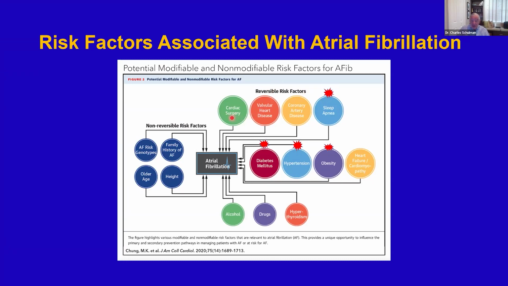AFib is fairly common after cardiac surgery, or it's common enough with valvular heart disease or coronary disease. The starred risk factors are purposely starred that way because treating these treats the AFib: sleep apnea, diabetes, hypertension, and obesity.